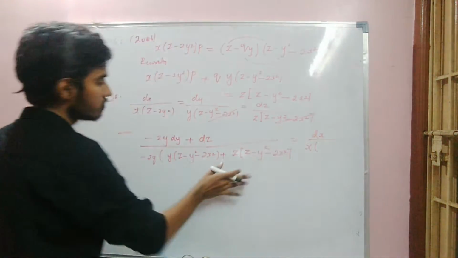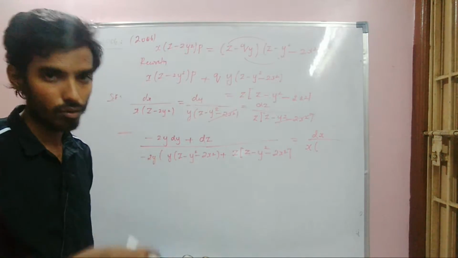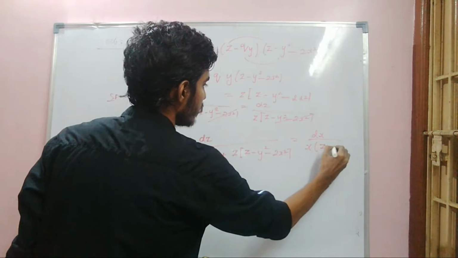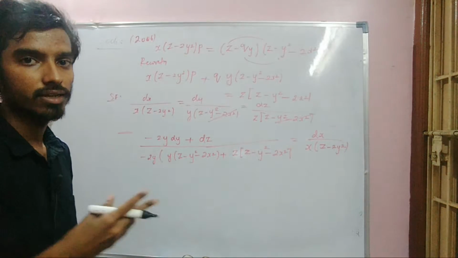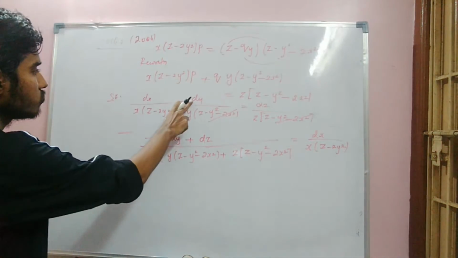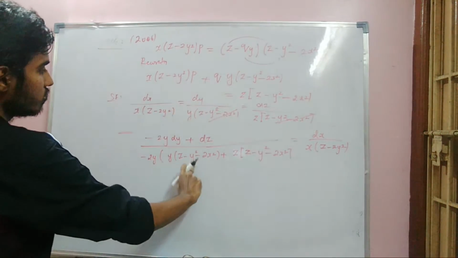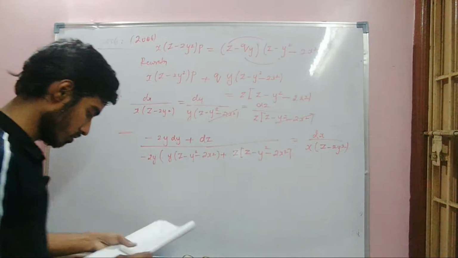Remember, this method is solved in the book. In the book they have solved this method, meaning that you can't find multipliers very easily, that's why they are doing this. So minus 2y I am multiplying here, minus 2y into this plus dz. I am equating this with the first term, right.